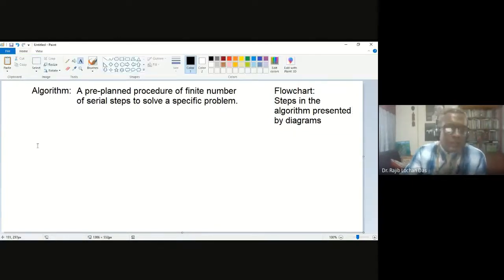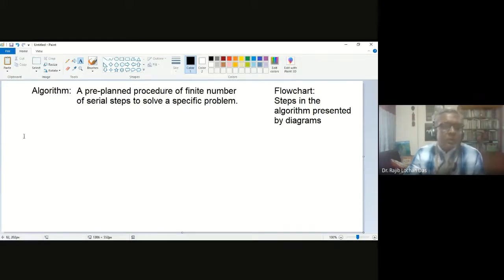And in this, I will show you some example algorithms for simple mathematical things. I will also give some questions in the exam so that you can write the algorithm for those simple mathematical calculations. Only simple mathematical calculations.